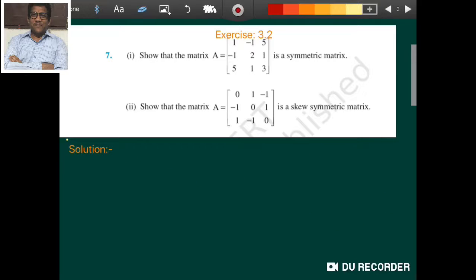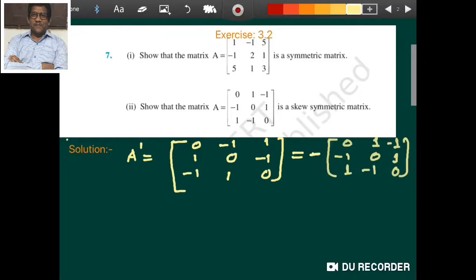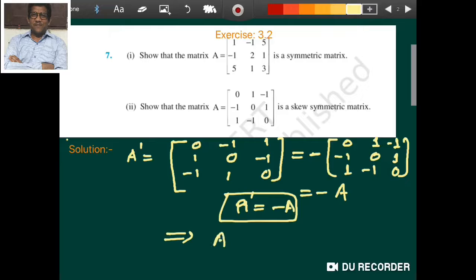Now in part 2 we have to show that A is a skew symmetric matrix. So here we find A dash by interchanging row and column. We get that it is equal to minus A. Here A dash is equal to minus A. This implies that A is a skew symmetric matrix.